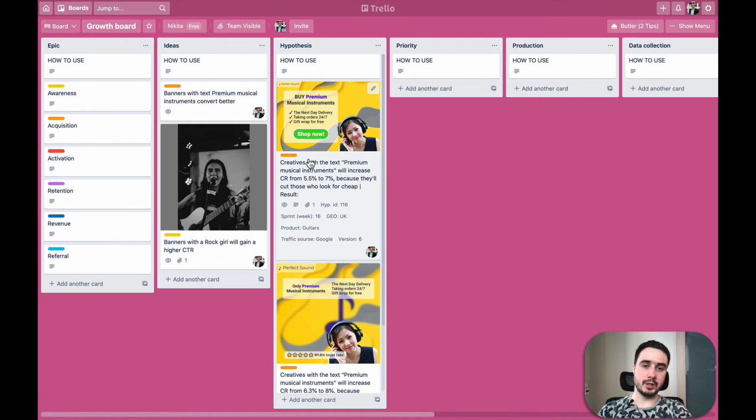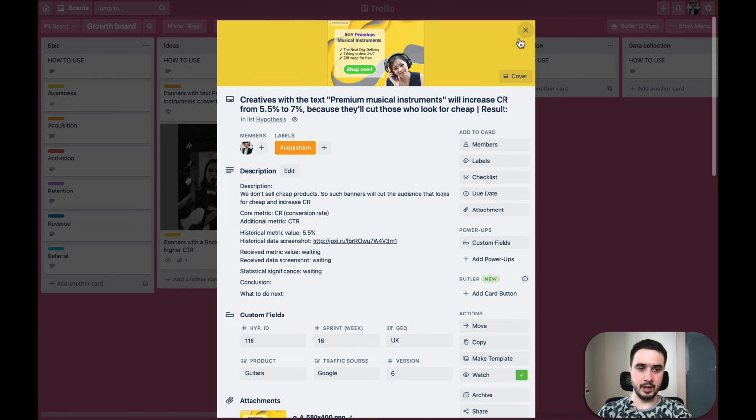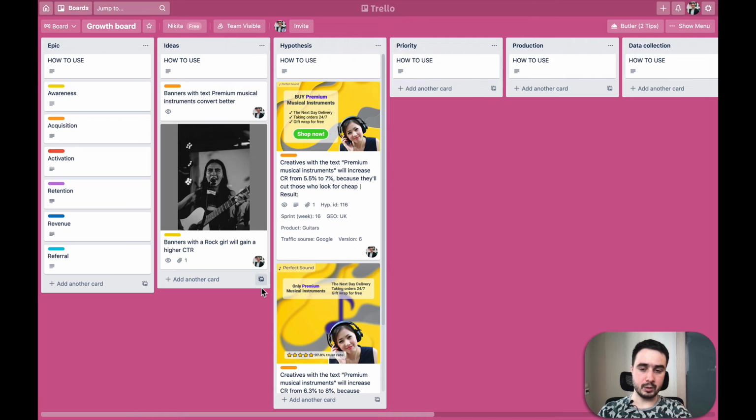Sometimes when you design new pages or when your creatives filter out some unnecessary audience, in this case these creatives influence conversion rate, and you can mark these steps with the acquisition step. But most of your banners will affect only CTR, and this means that this is the awareness step.